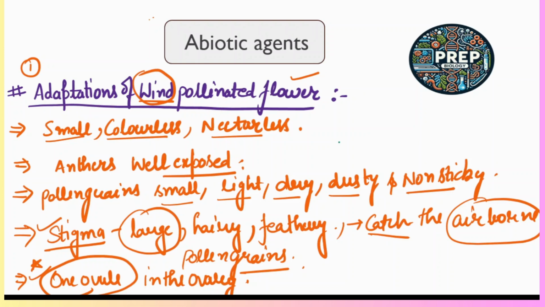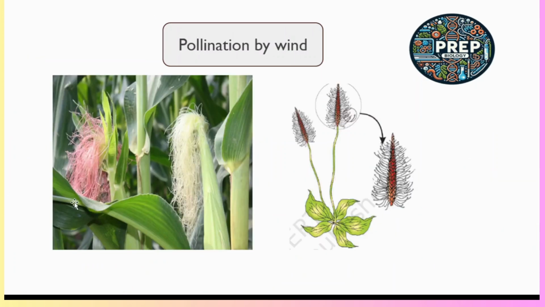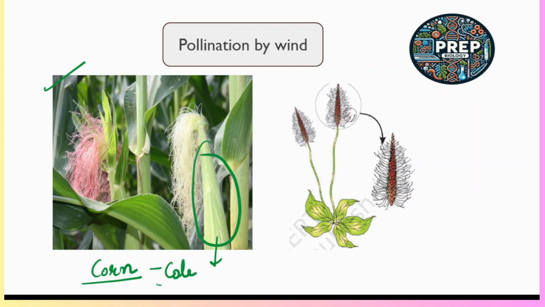These features are very, very important. You should know about the adaptations of wind pollinated flower. Now, if we see the example of the wind pollinated flower, this is the plant of corn, and this is the corn cob.